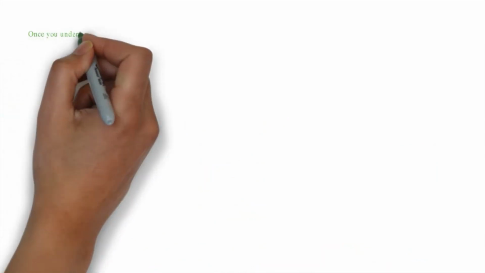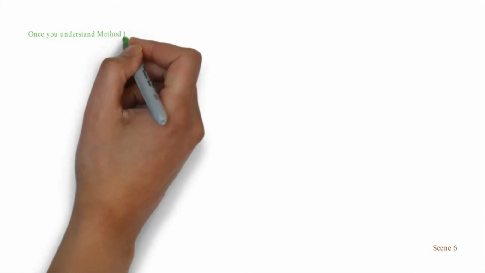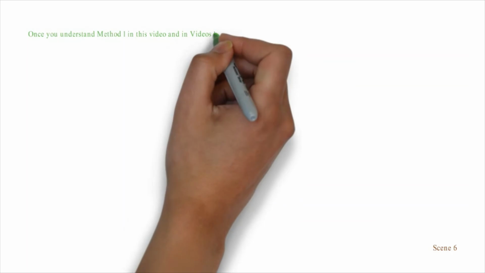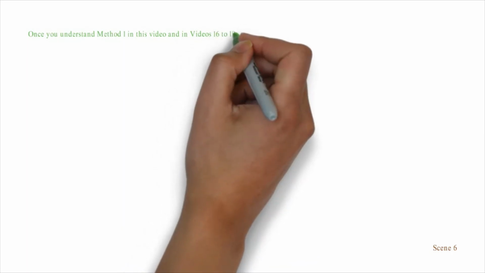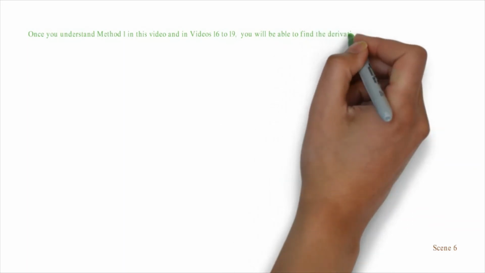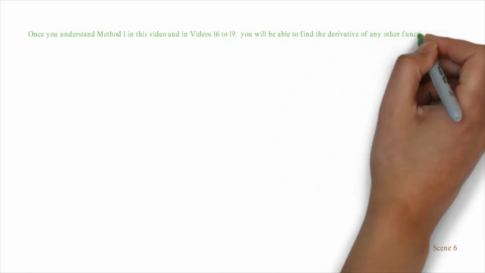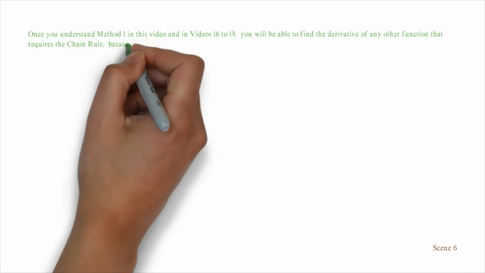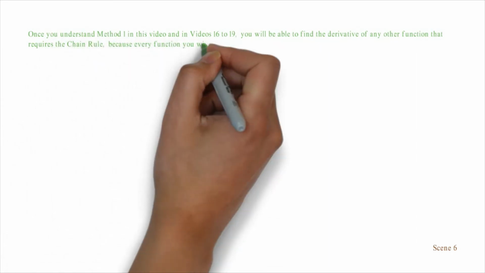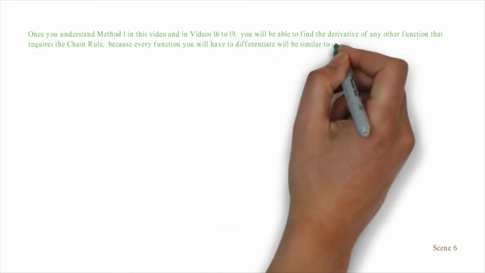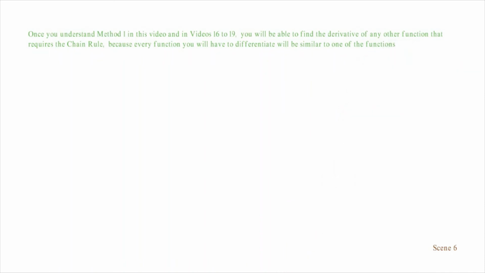Once you understand Method 1 in this video and in videos 16 to 19, you will be able to find the derivative of any other function that requires the chain rule, because every function you will have to differentiate will be similar to one of the functions in these videos.